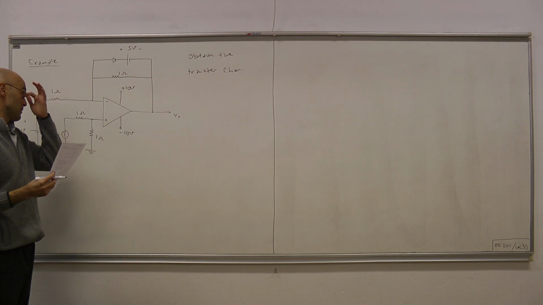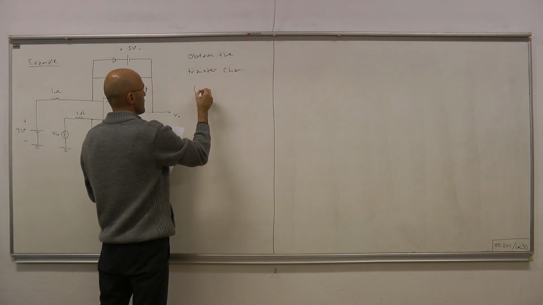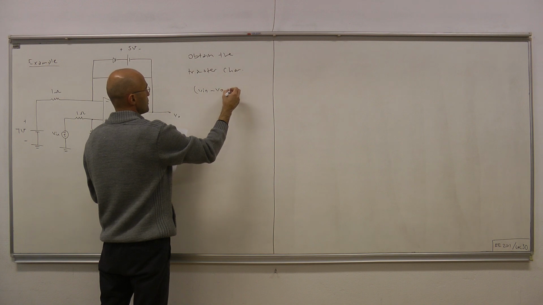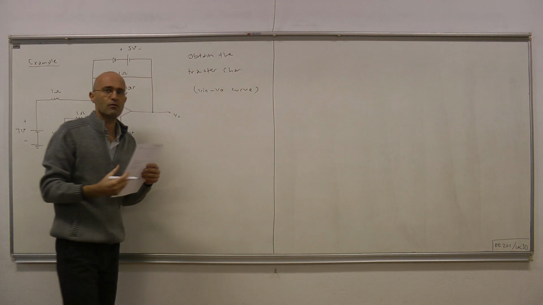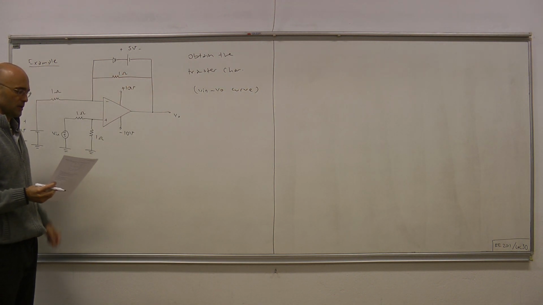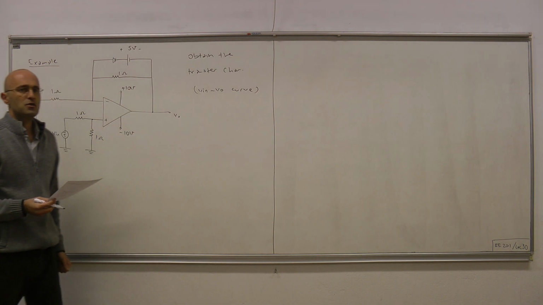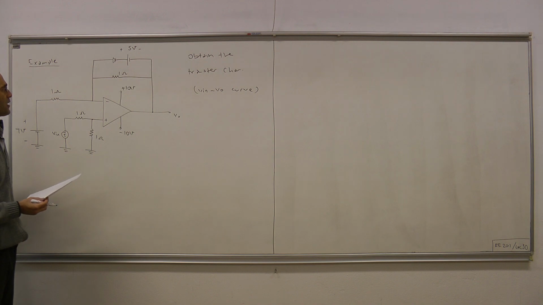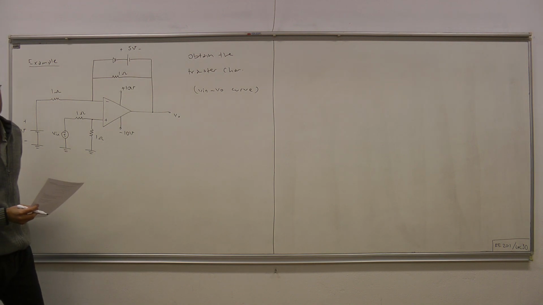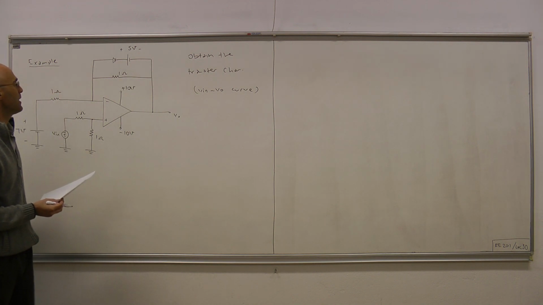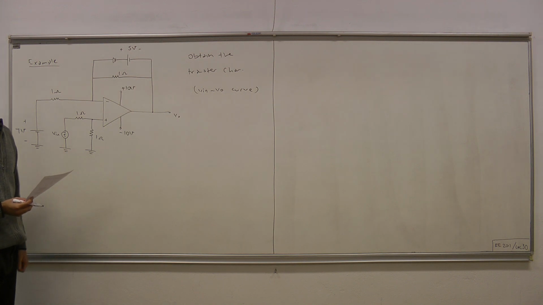By transfer characteristics, we mean the in, the out curve, or the in, the out relationship. Now there could be many ways to approach this problem. Here is not so short, but a formal way to start solving the problem.